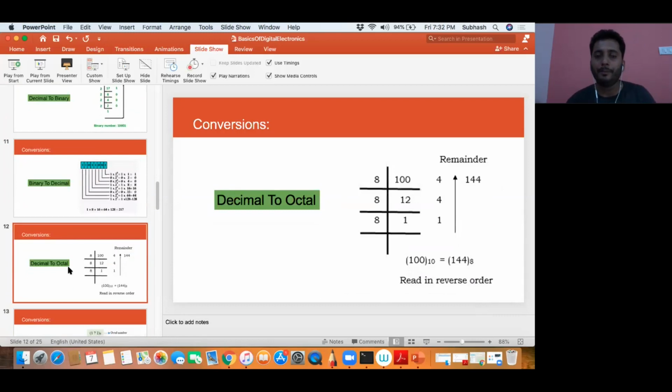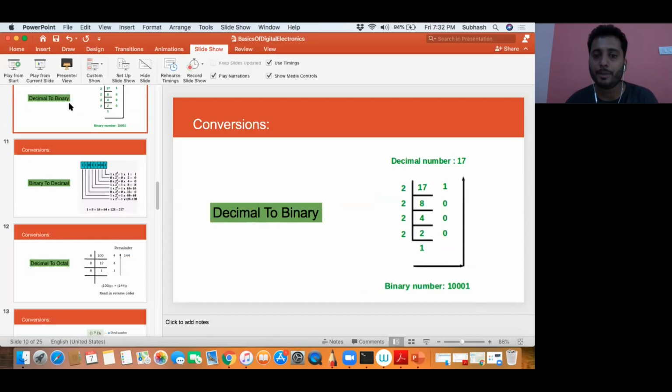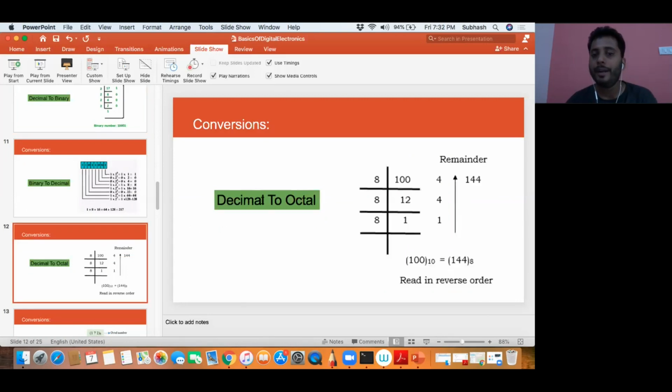Now similarly, in the first slide I converted decimal to binary, where I started dividing the number by 2. Similarly, if I want to convert from decimal to octal, then I have to divide that number continuously by 8.